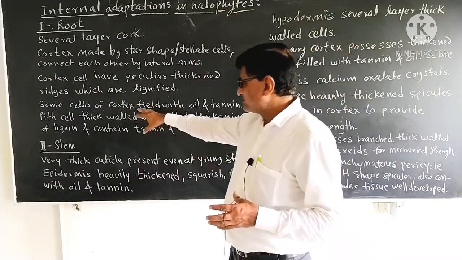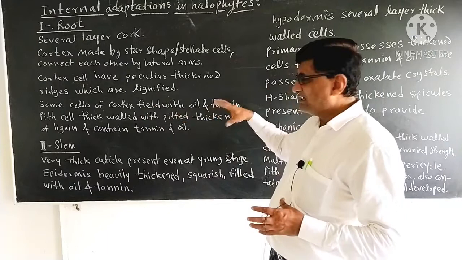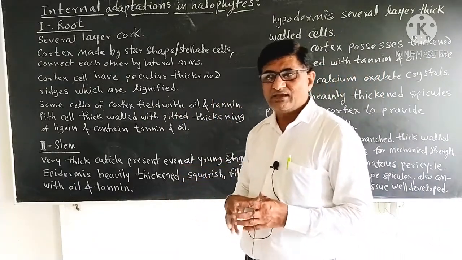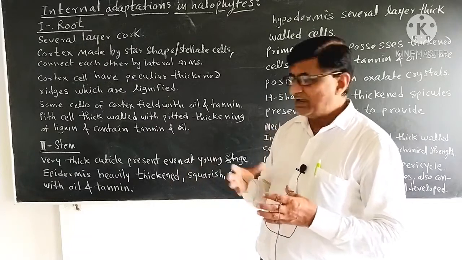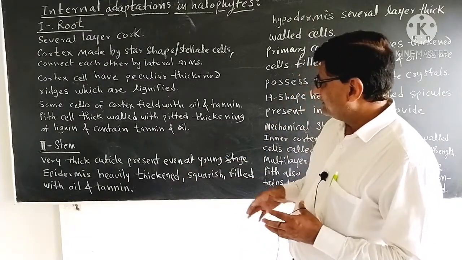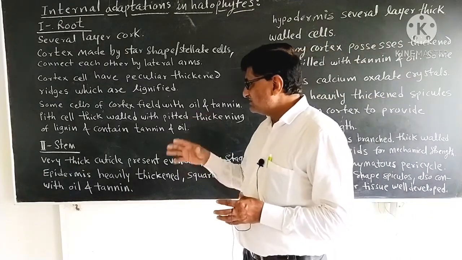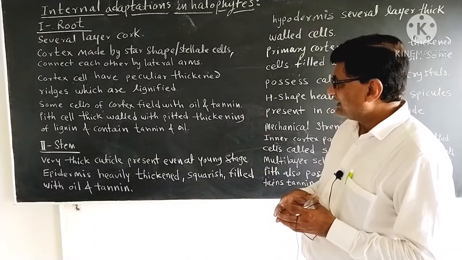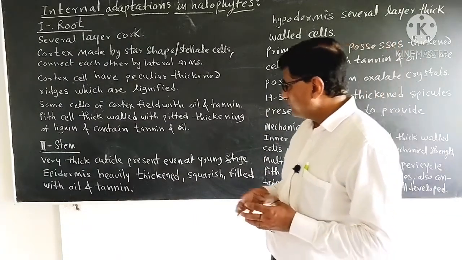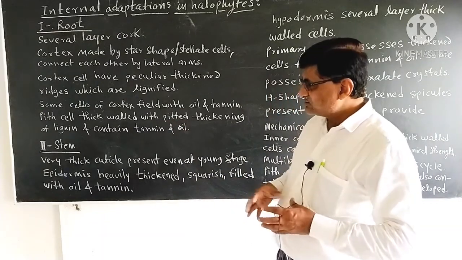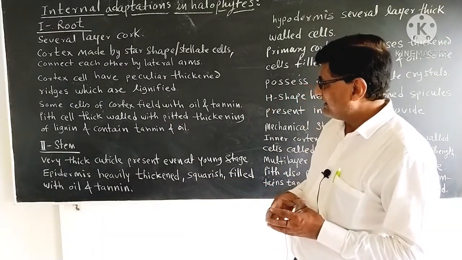Some of these cells of the cortex are filled with oil and tannin. You will observe that many cells of the cortex are found filled with oil and tannin intermittently. Then the cells at the center of the root are also found with thick walls with a pitted kind of thickening, and they also contain lignin and tannin.